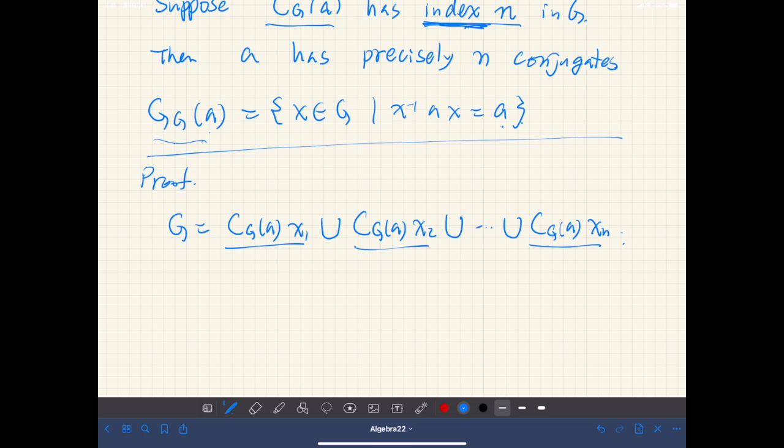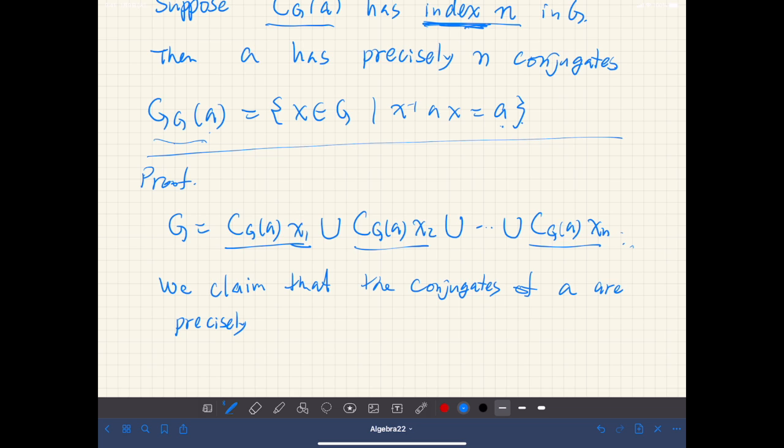Okay, and we claim that the conjugates of A are precisely these.